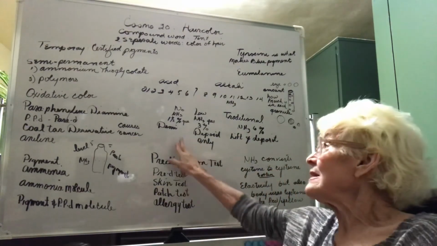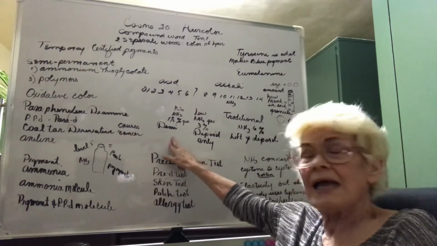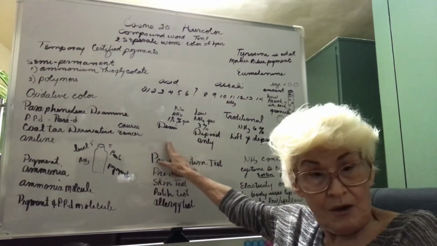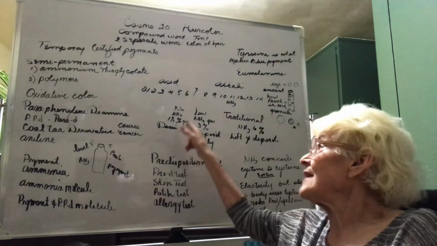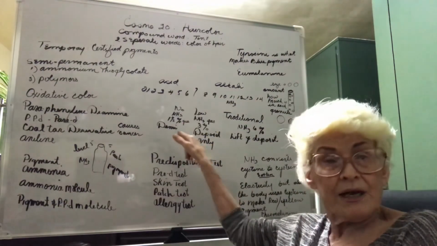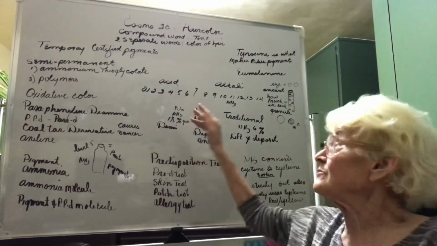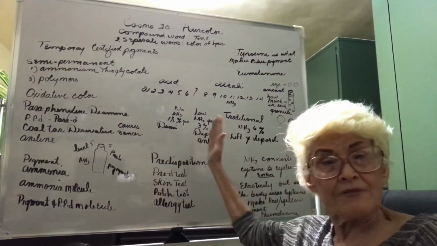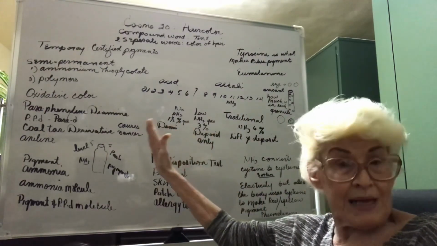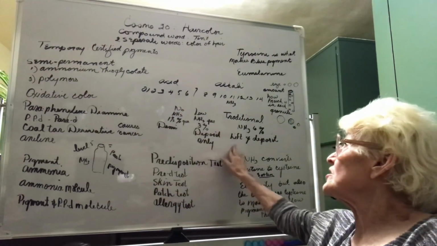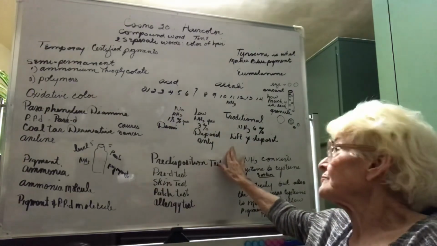Okay, so in demi color, because it has less than 2% ammonia, they can say it is a no ammonia based color. So now, as I reduce the amount of ammonia, I reduce the pH. So my traditional is about 8.6.